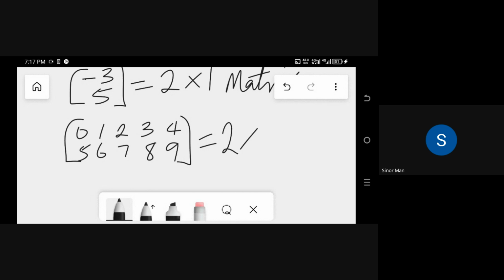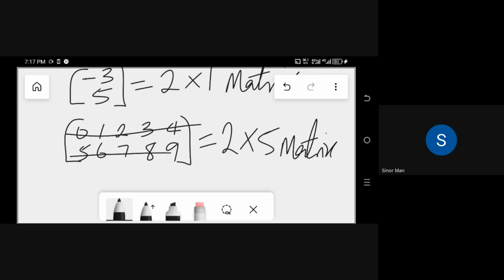This is a 2 by 5 matrix. Here is a 2 by 5 matrix. This is a 2 by 5 matrix because if we are to count the number of rows, remember the rows are counted horizontally. So if we are to count the number of rows, we count 1, 2. So we'll have 2 rows. And remember we always have to say the row first.